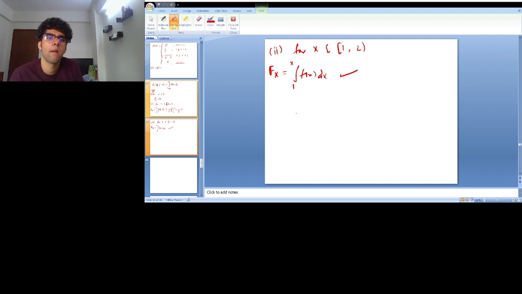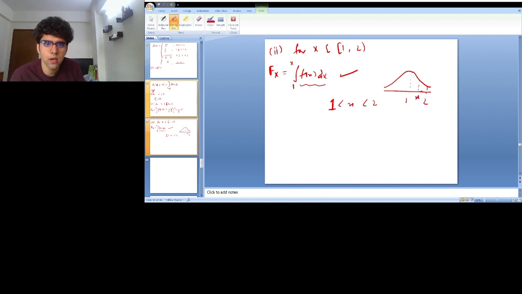Why? Because 1 to 2 gives me the probability of any x which is greater than 1 but less than or equal to 2 here, but just assume that x is less than 2 for a minute. So for example, x is less than 2, and the value of this integral gives me the area under the curve from 1 to 2, and my x lies here, right?